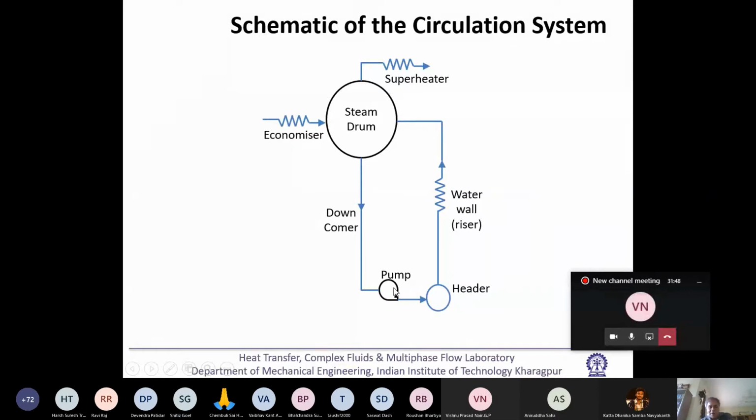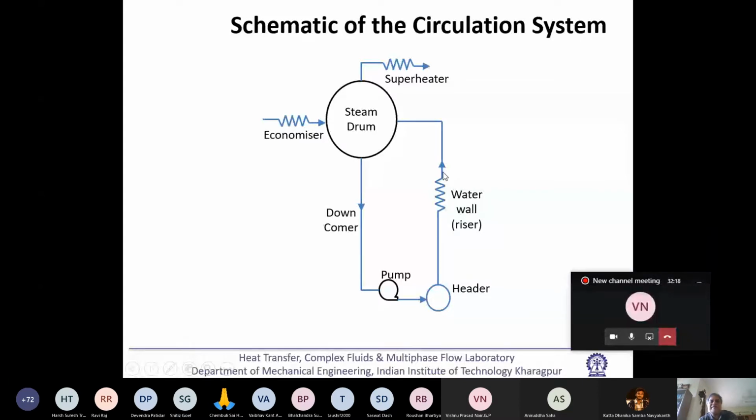In most cases there is a pump. There need not be a pump in a small boiler, but in a big boiler there is one. This is not the feed water pump. This is the circulation pump in the boiler. This pump circulates water and it goes in the upward direction, embedded in the boiler wall, the water wall. So it cools the wall, and at the same time it absorbs a lot of heat.